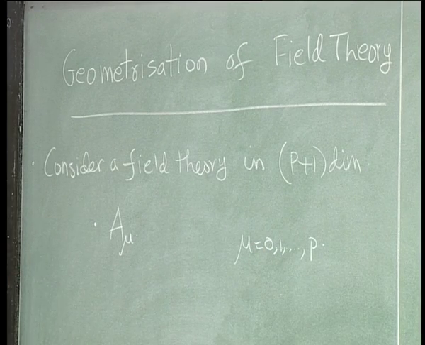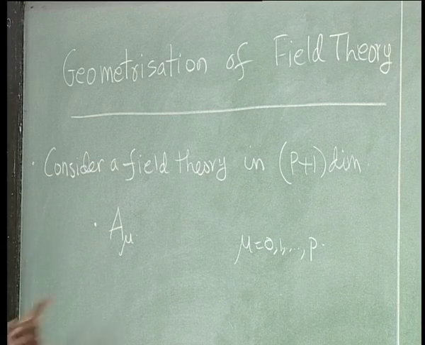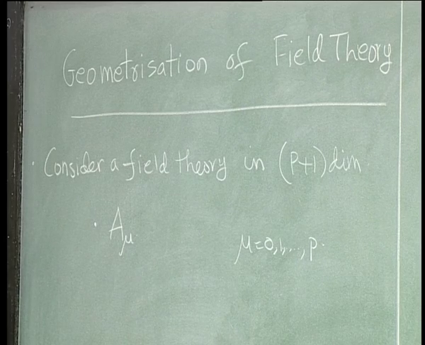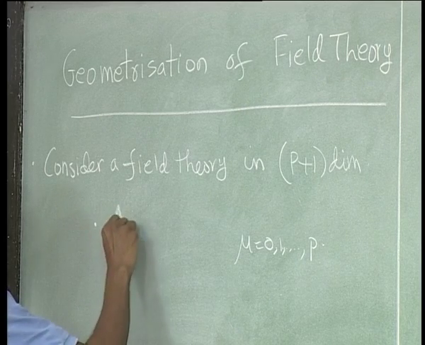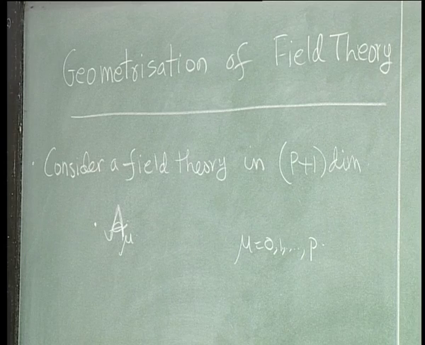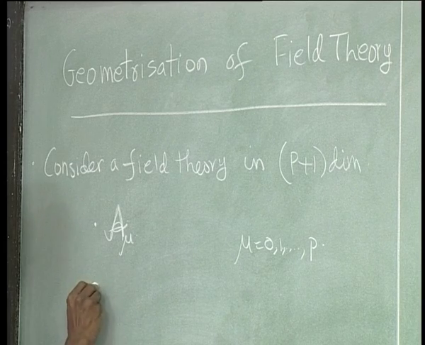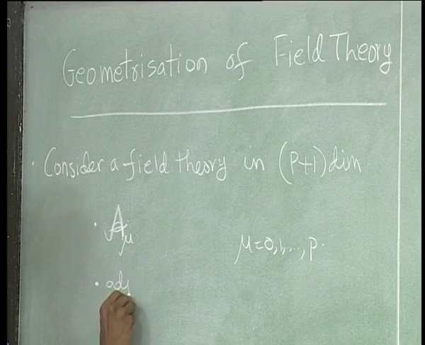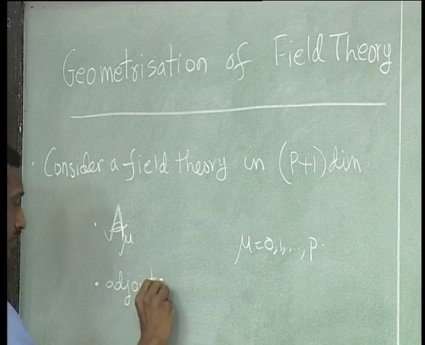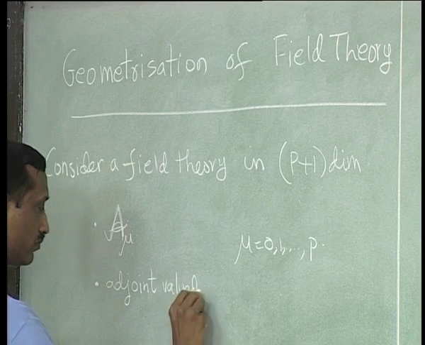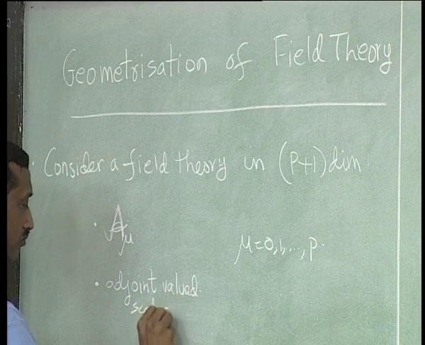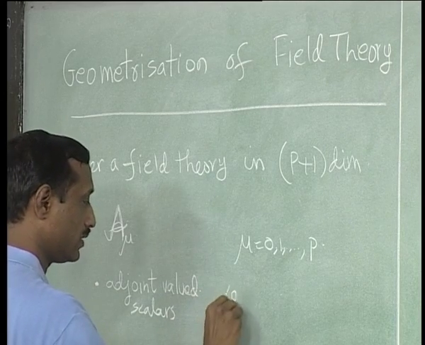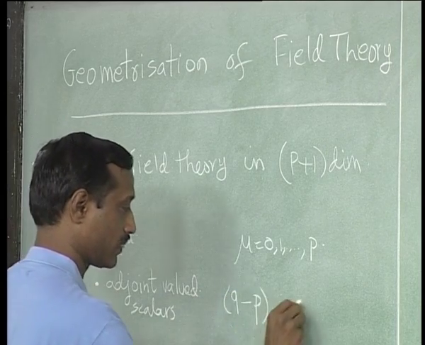That is a gauge field. For starters, we will just think of this as a U1 gauge field. No, let us take it to be a UN, a non-abelian gauge field. So I was using script A for that, so let us leave it that way. And suppose it also has a bunch of adjoint valued scalars, and there are 9 minus p of them.